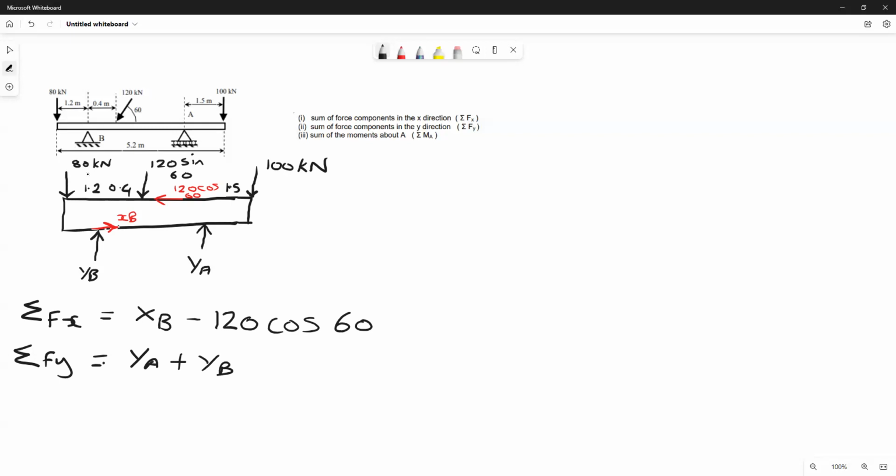Next, we've got the forces acting down, so minus 100, minus 80, and then we've also got that force that we resolved again, 120 sine 60.